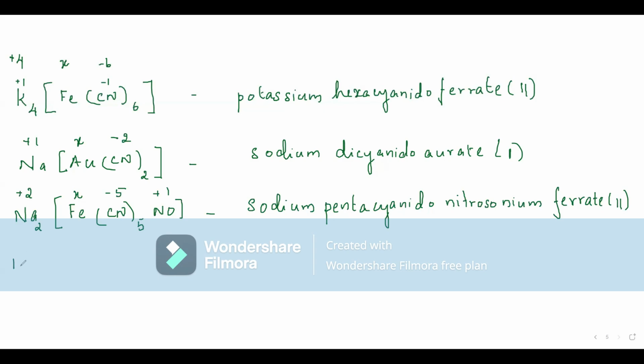Next one is Na2 Cr. So the metal is chromium. CH3COO 4 times. CH3COO is acetato, tetraacetato, and en. Now, sodium, tetraacetato.